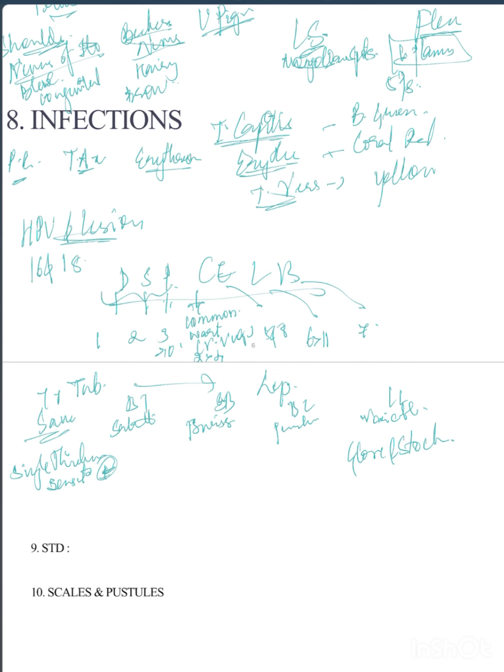Chancroid, being a bacterial infection, forms abscess, and in chancroid, the causative agent Haemophilus ducreyi will present on microscopy under Gram staining as school of fish appearance. However, herpes genitalis, being a viral infection, can be diagnosed on CBNAAT or PCR.